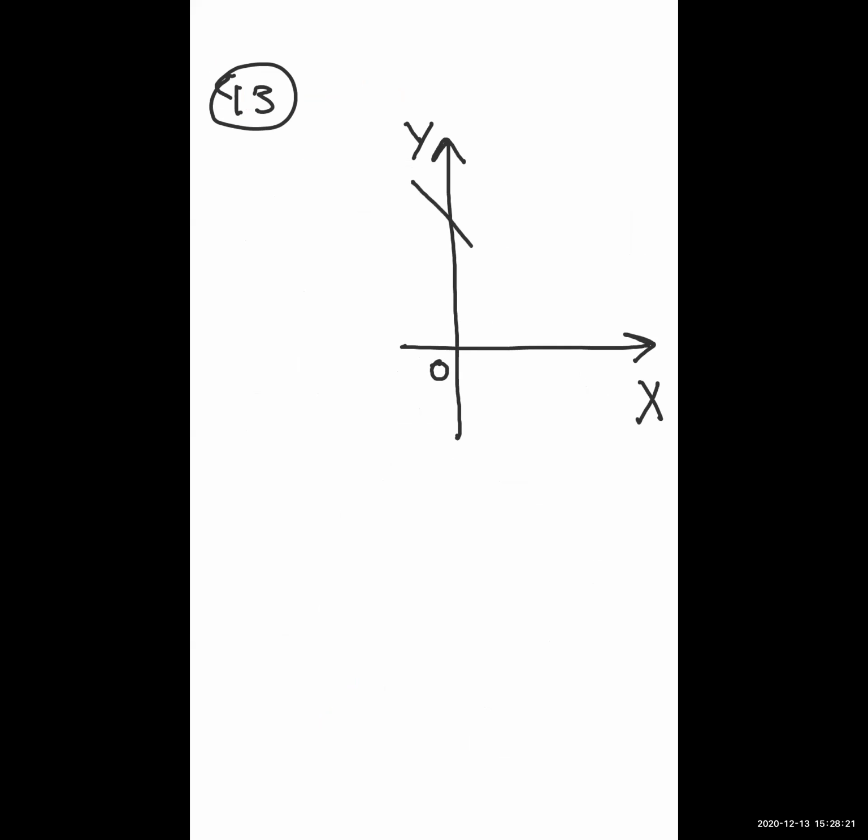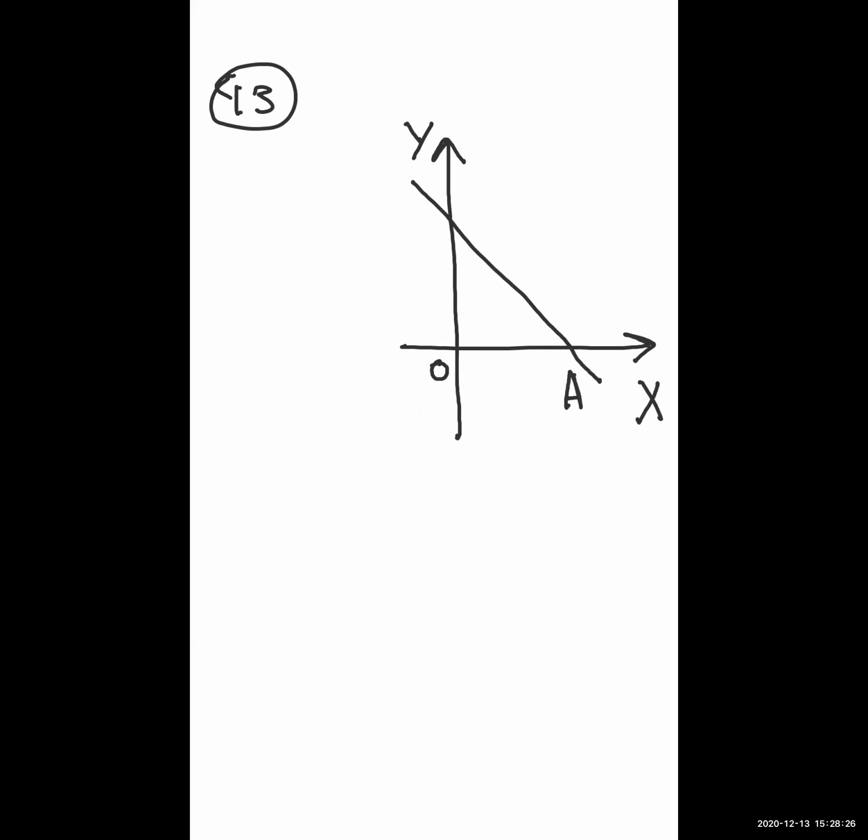Okay, the next question is 13 in the exercise book. In the opposite figure, there is an x and y plane like this. This one is x and this one is y, and the origin point is here. One line intersects the two axes like this.